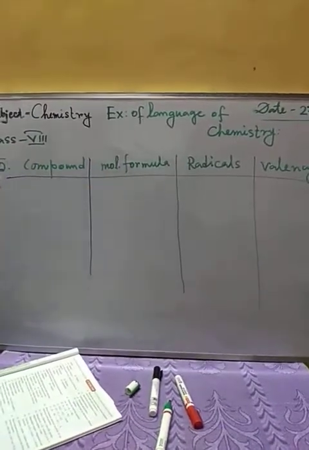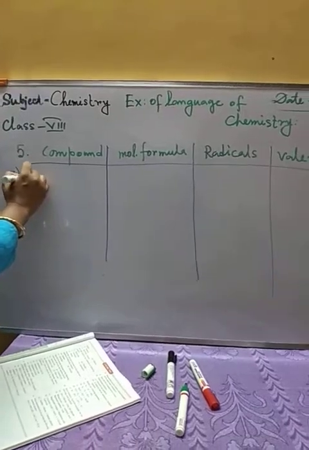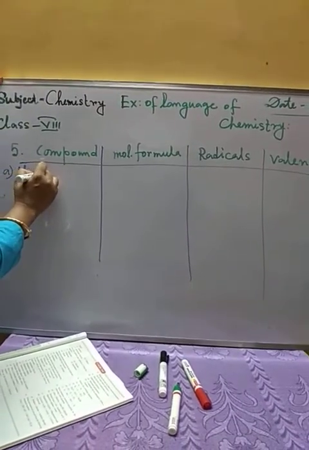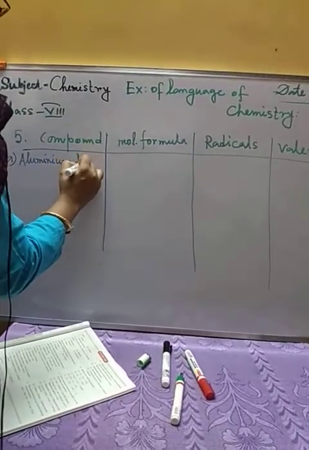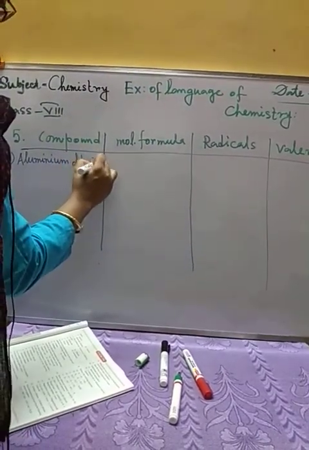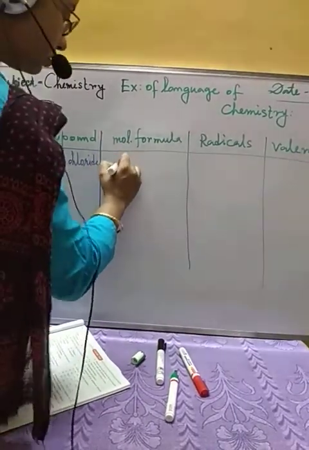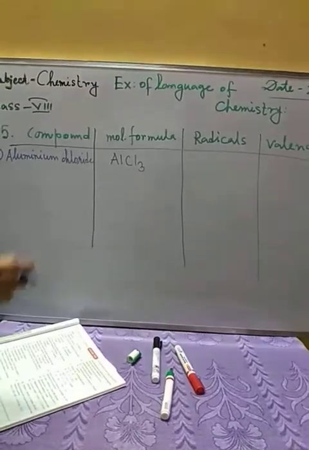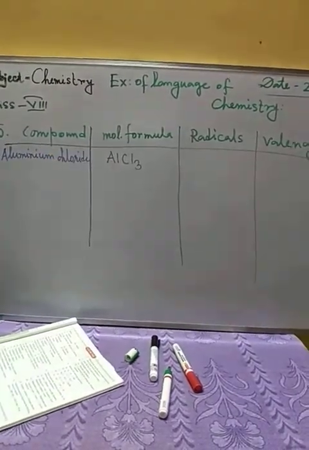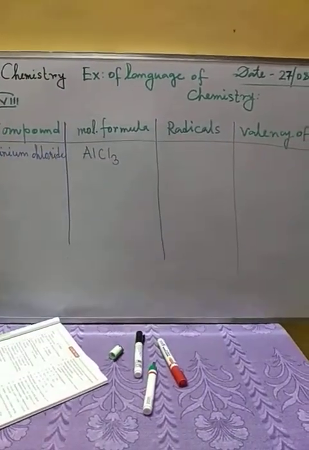So the first one is aluminium chloride, number A. This is the name of the compound. Its molecular formula is AlCl3. Aluminium's valency is 3, chlorine's valency is 1.